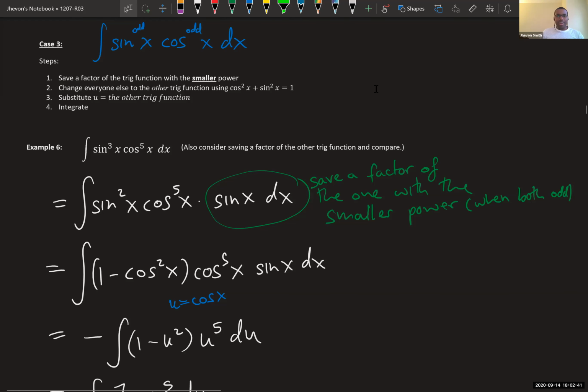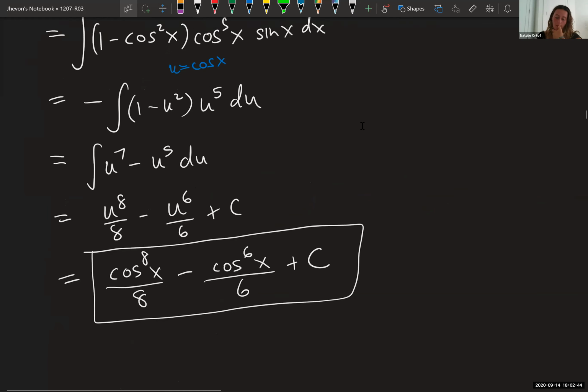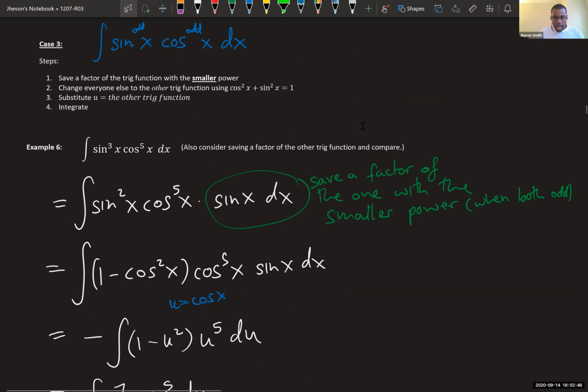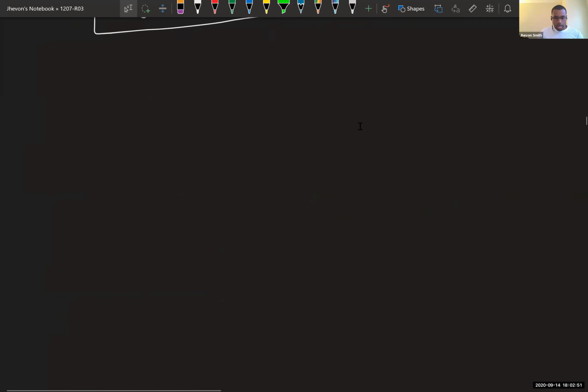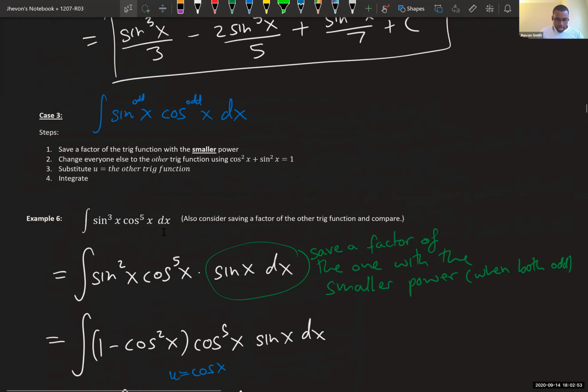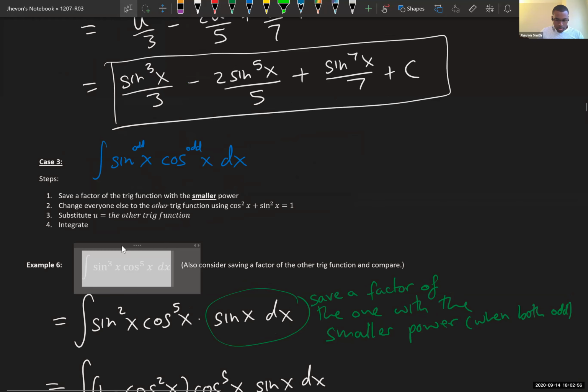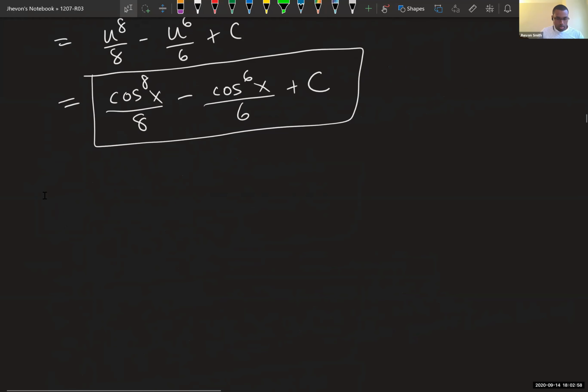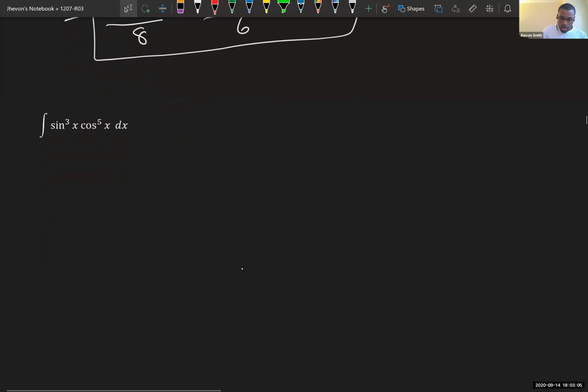Okay, thanks. However, for this particular example, I want to show you what would have happened had I done it the other way. So going back to this one, let's deal with the situation of what if we instead saved cosine.